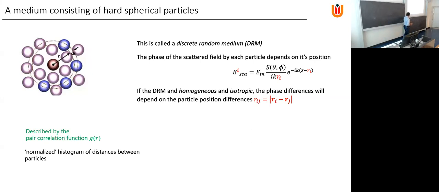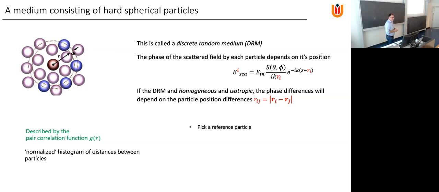Also very confusingly, it has the symbol G, G of R, where R is the distance between the individual particles. Pair correlation is a histogram of distances between the particles. So I will take this medium here.